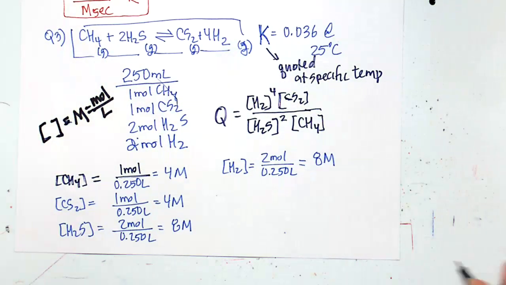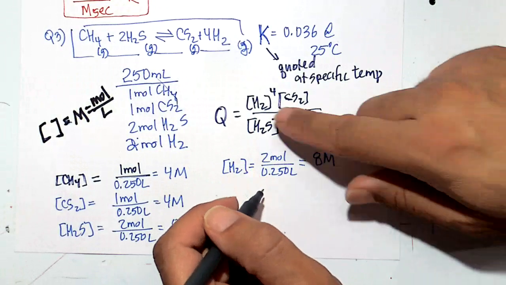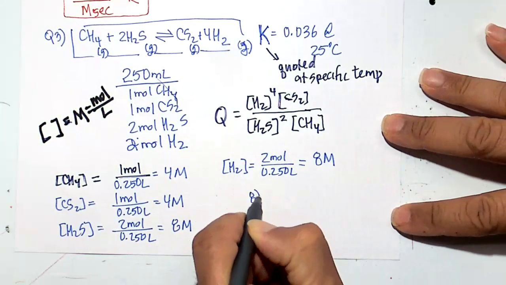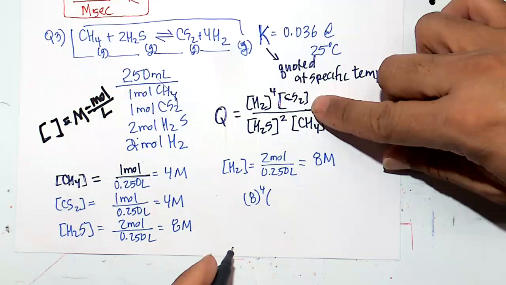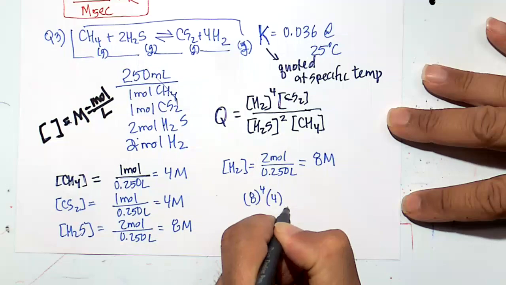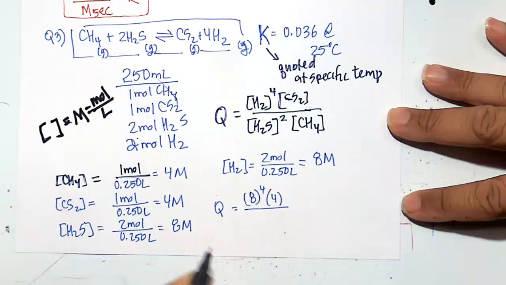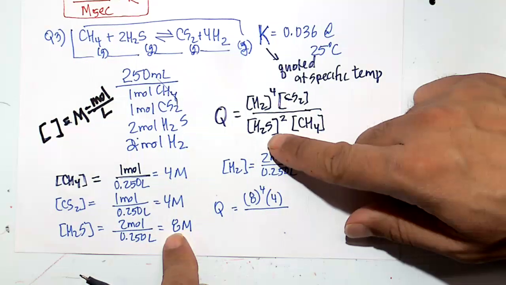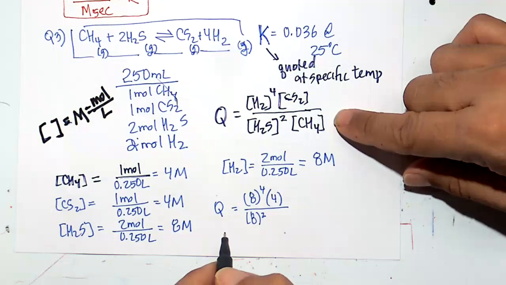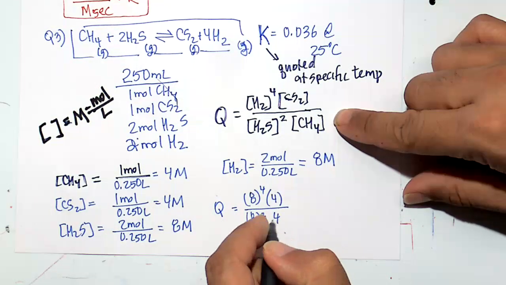Now I put into my equilibrium expression Q. H2 is this, that's 8 to the power 4. CS2 is 4. H2S squared is 8 to the power squared. And then CH4 is 4.